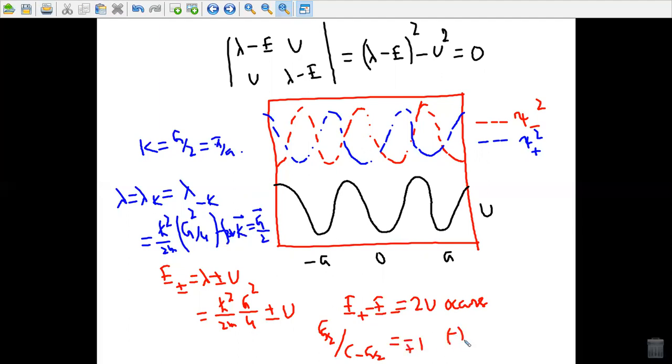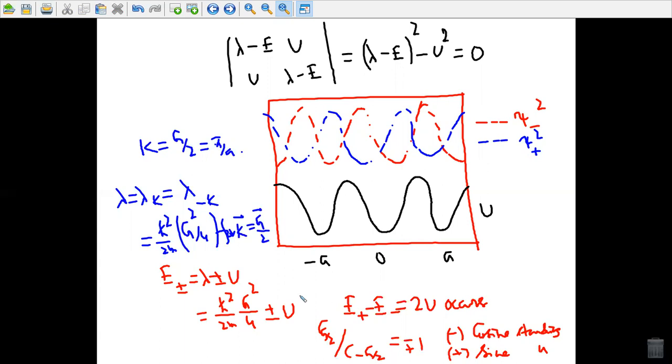The minus solution of the lower energy is a standing cosine wave, cosine standing, and the plus solution, that is psi plus, is a standing sine wave, sine standing. So for the lower energy, the binding state, the electrons are localized at the potential minima, that is at the atoms.